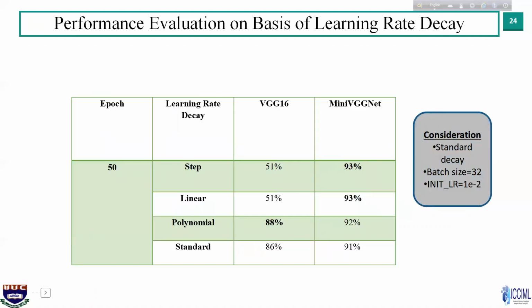Here is another one where we consider the basic learning rate decay, where we use step, linear, polynomial, and standard. We consider epochs as 50, and here at polynomial learning rate decay, VGG16 performs 88% accuracy, but in MiniViTNet we see that in both cases, step and linear, MiniViTNet performs better with 93% accuracy.